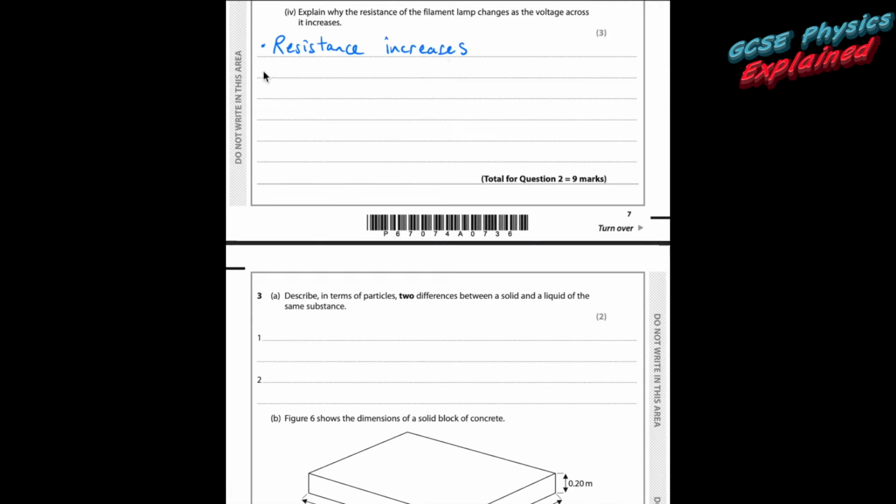Resistance increases as the bulb gets hot. So there's more collisions, increased collisions of electrons with the ions.